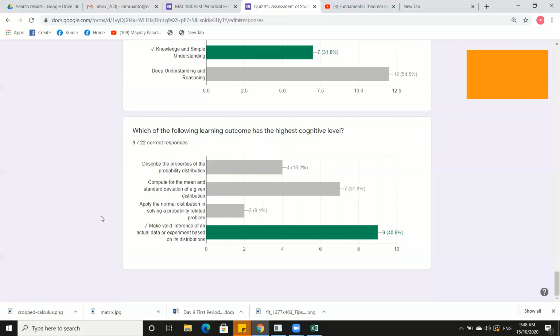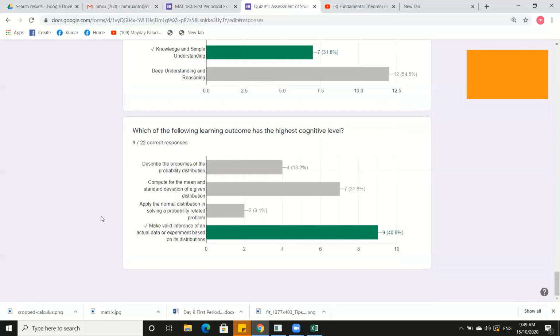So the keyword here is describe. When you say describe, it's just saying something about the properties, diba? So it's not the remembering level, it's more of the understanding level. So letter A is understanding.